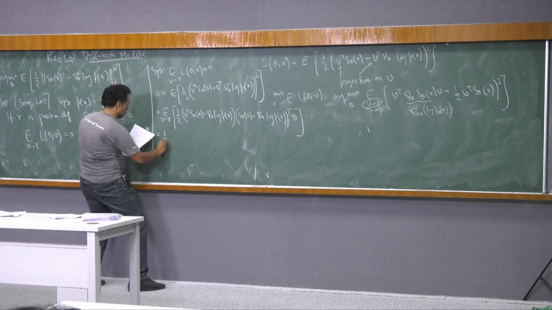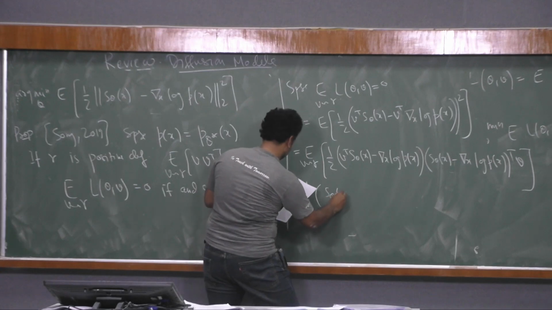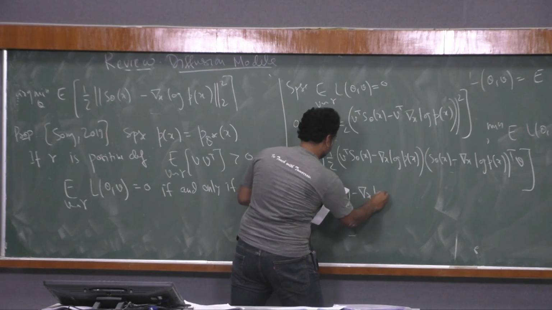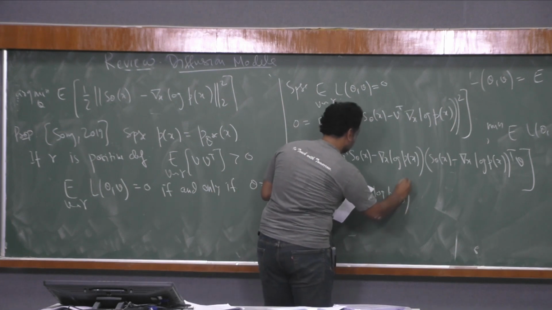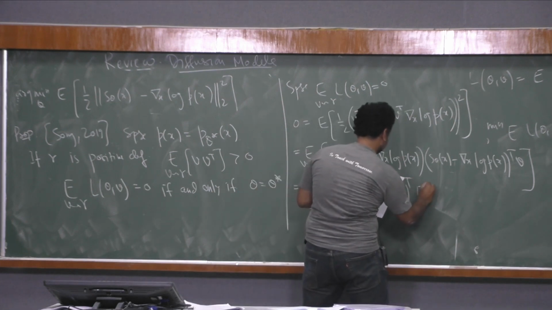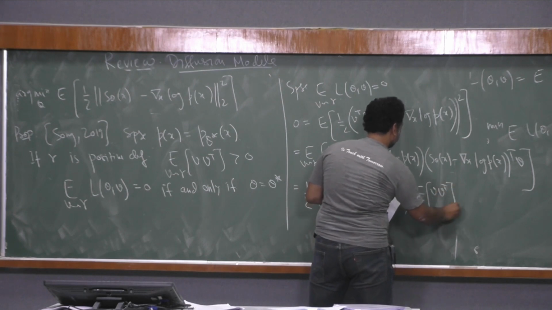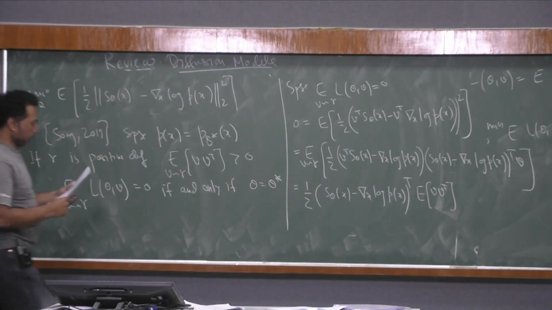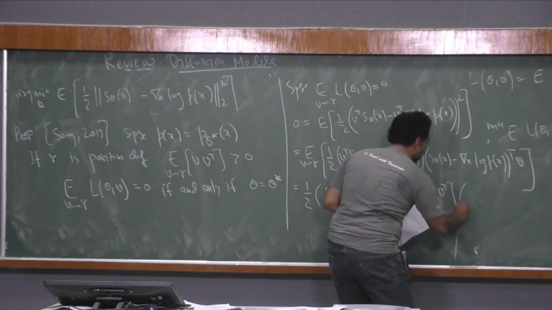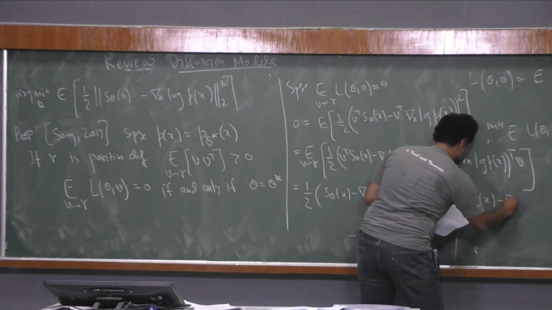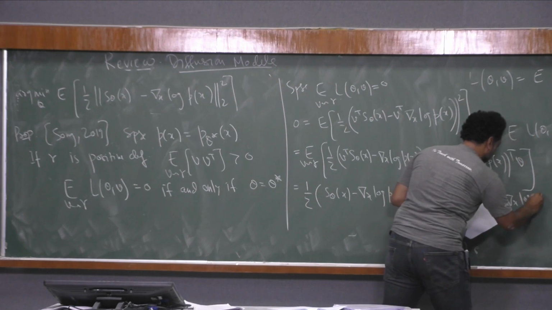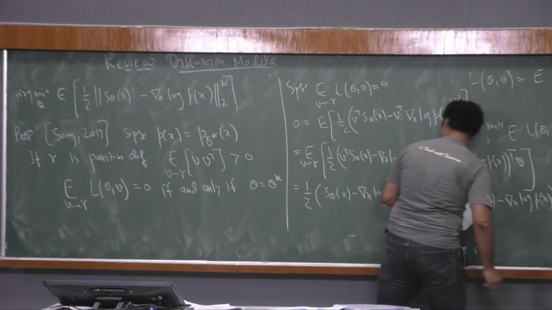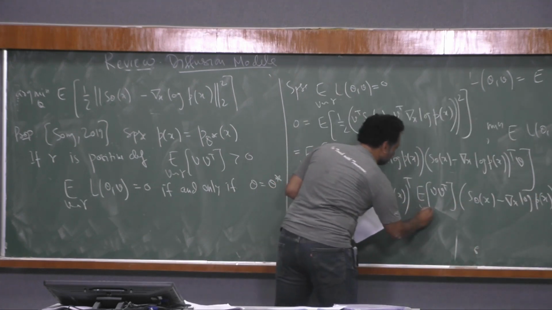So you can do this. Okay, these are simple things. So S theta x minus grad x log px transpose, and this becomes expectation of V V transpose, because the random variable only is v, so expectation just goes there, and then the remaining is again S theta x minus grad x log px, and then this guy is positive definite.